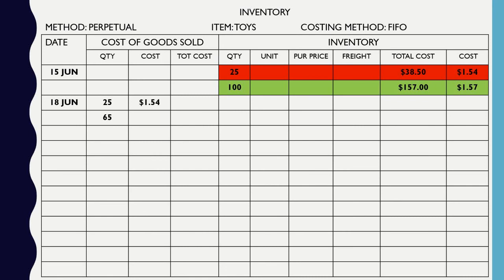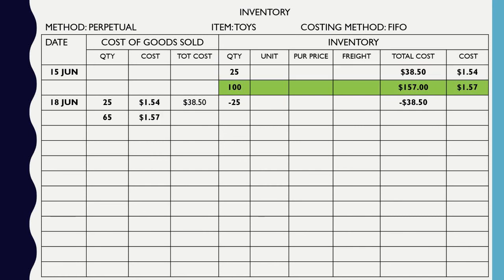So that's exactly what I'm going to do. Since my red batch is $1.54 and I'm getting rid of the whole thing, I'm going to take out $38.50, which makes my red account 0.